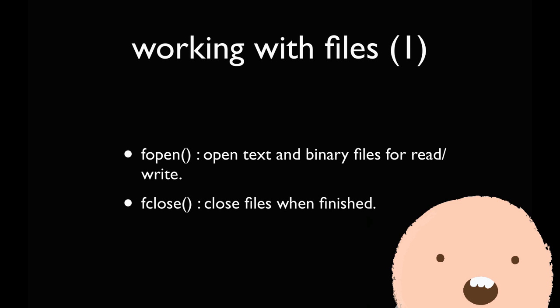When we're finished using a file, we're going to close that file, and we'll use the call fclose to do that. Now, there are obviously parameters that we use with these calls that I'm not talking about at this point, but when we see some code examples, we'll actually see what those are.